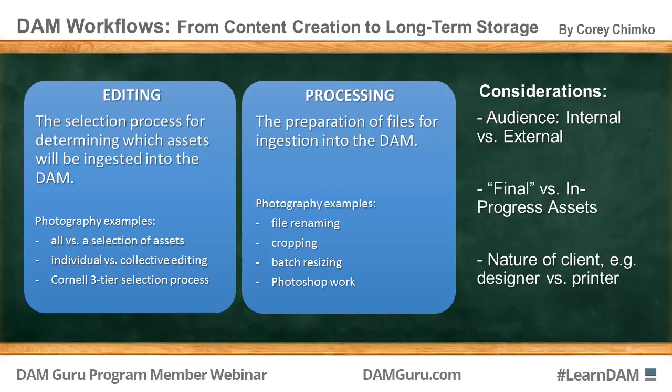We sometimes crop images to standardized sizes like 5x7, 8x10, that kind of thing. We do batch resizing, so we don't upload RAWs into our DAM because it's too storage cost prohibitive. They're too large. So we do a low-res batch of each shoot and we ingest that into our system. And then obviously repurposing, Photoshop work, and that type of thing.